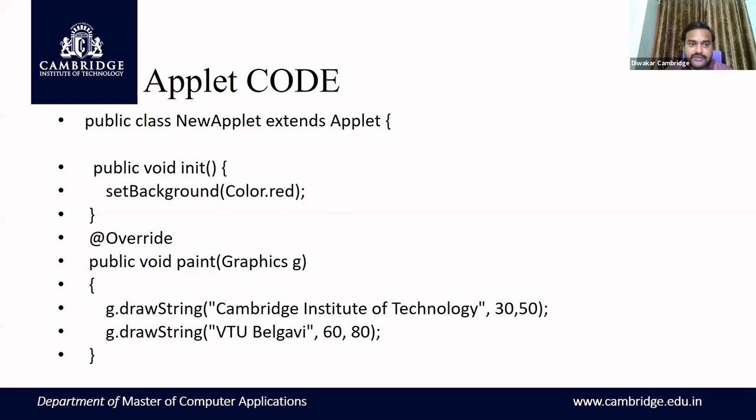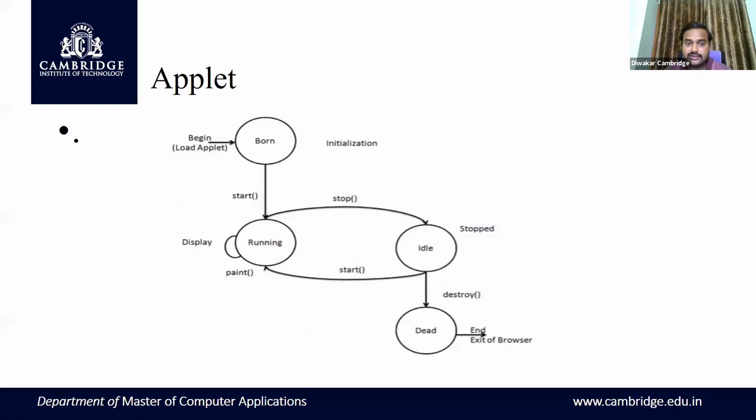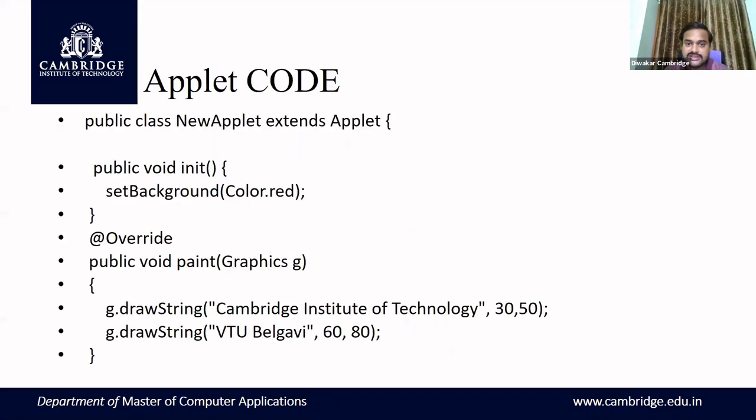We have public class NewApplet which extends Applet. Why will a class extend the Applet class? Because it has all the methods: start, stop, destroy, init, all within the Applet class. So you extend this class.